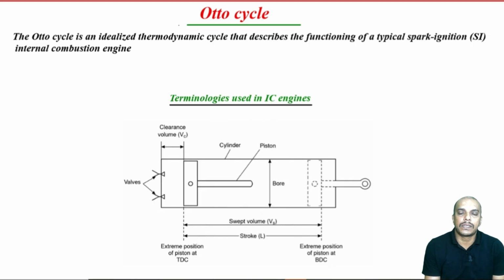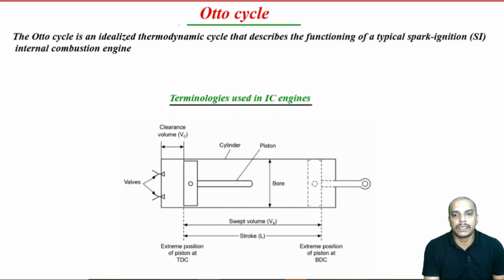Now, before we start our derivation, I think we must know the basic terminologies which we use in our IC engines. There is a piston and cylinder arrangement, and there is one inlet valve and one outlet valve. Here it is represented as valves, and there is a piston which moves within this cylinder.